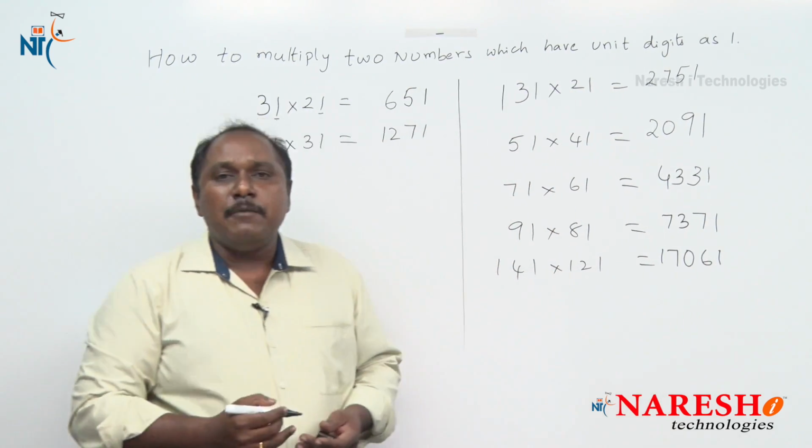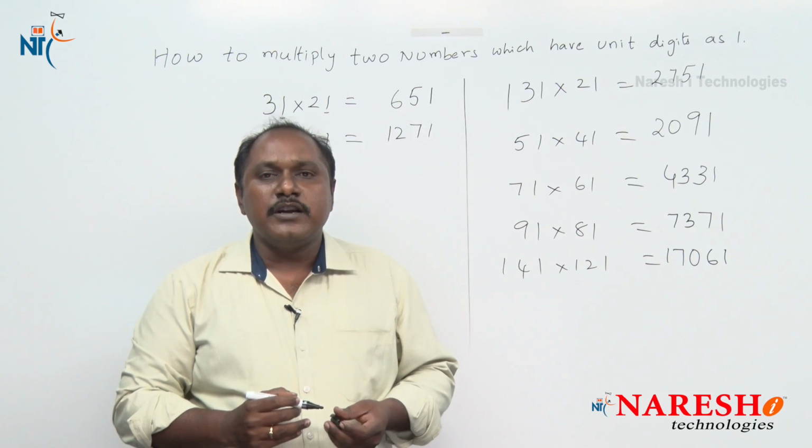So like this you can multiply two numbers whose unit digit is 1.